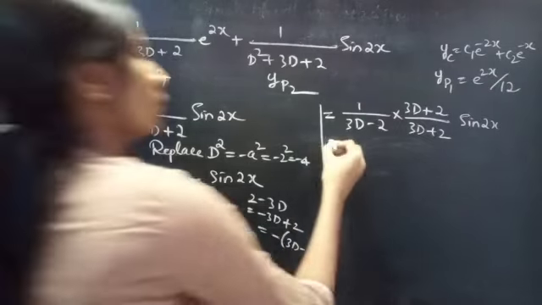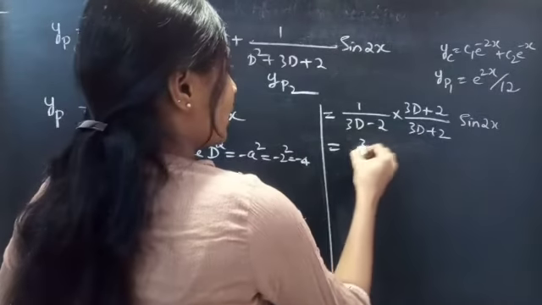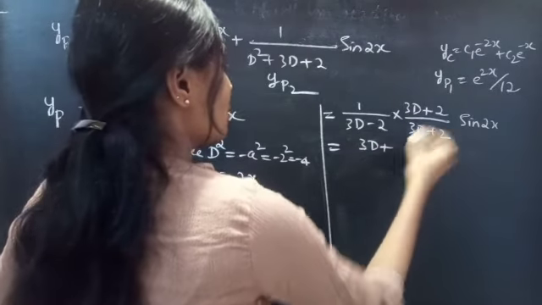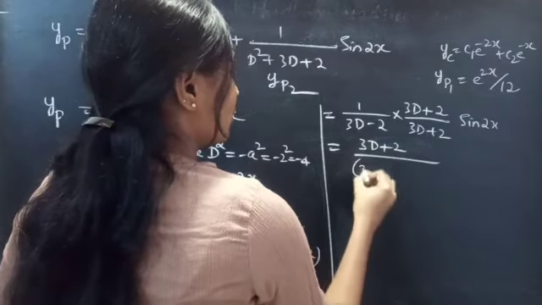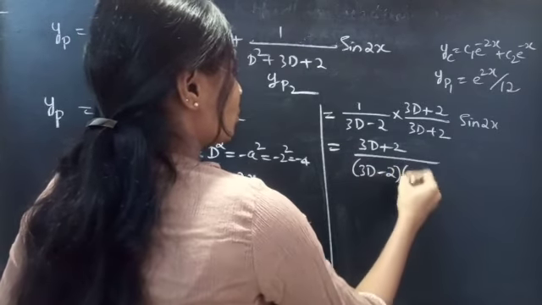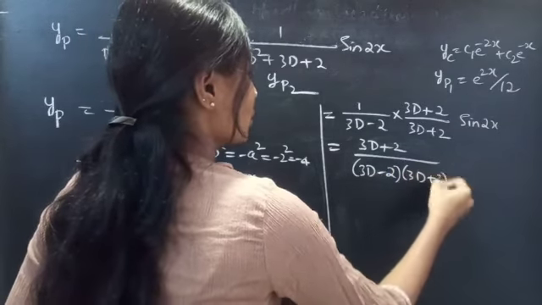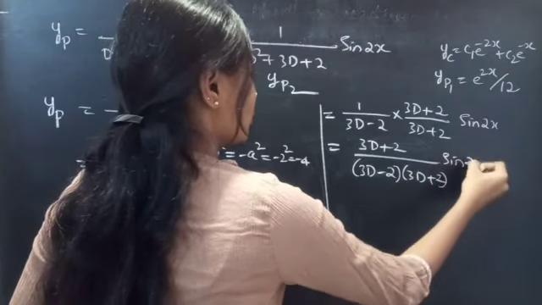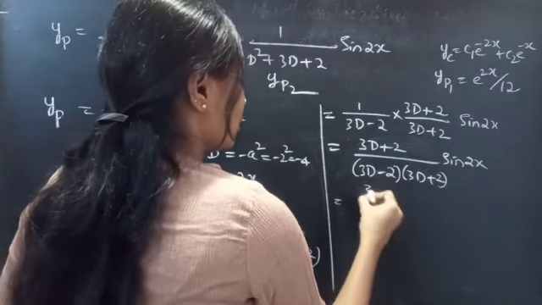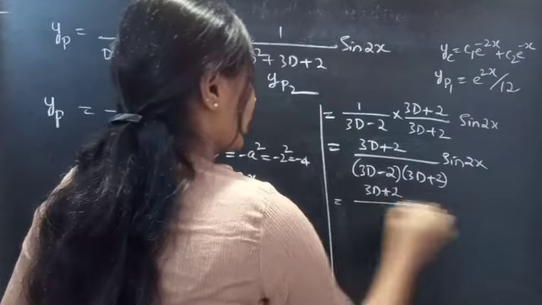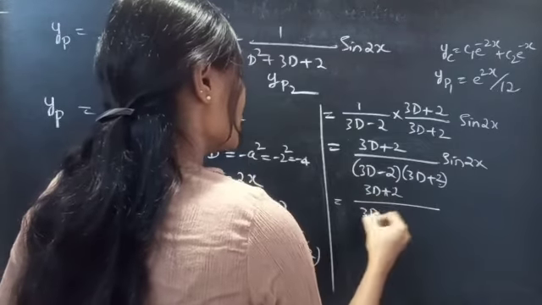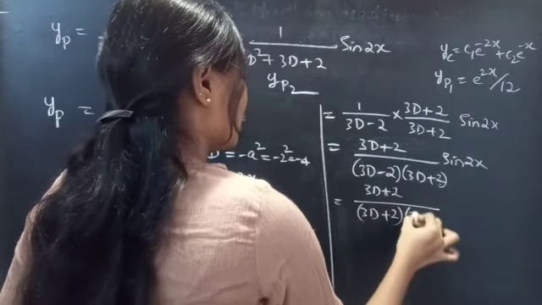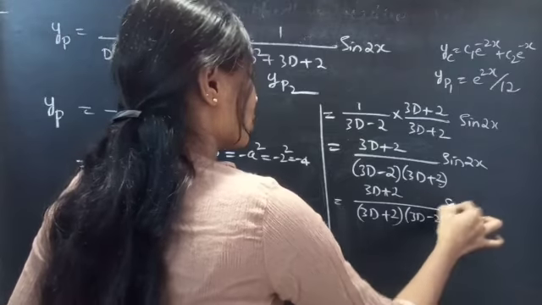Now, we can write this as D, 3D plus 2 by 3D minus 2 into 3D plus 2 into sine 2x, right? We can just write it as 3D plus 2 into 3D minus 2 into sine 2x.